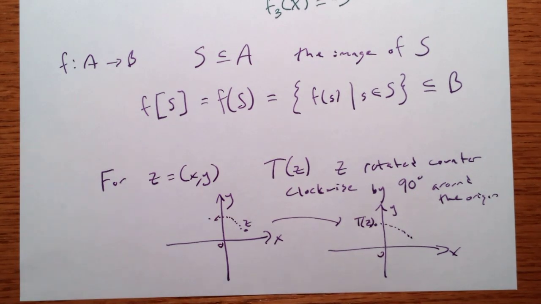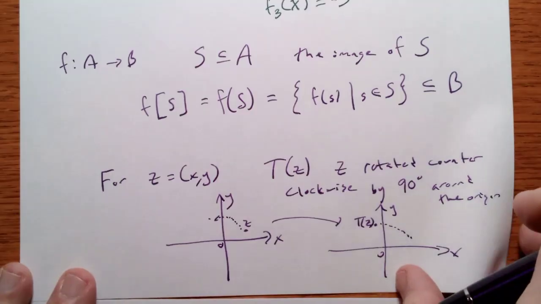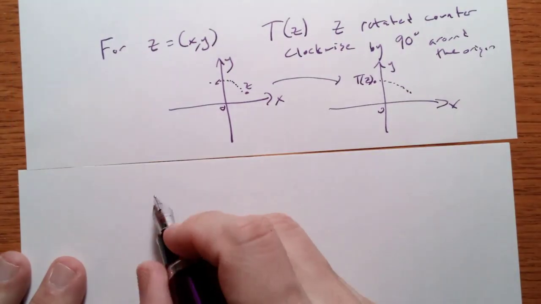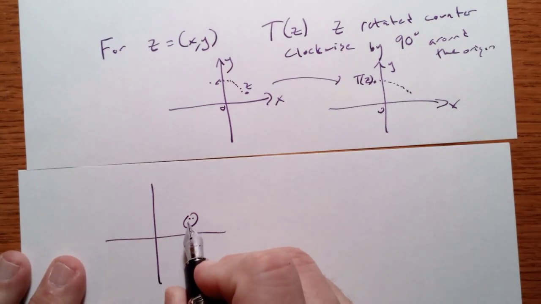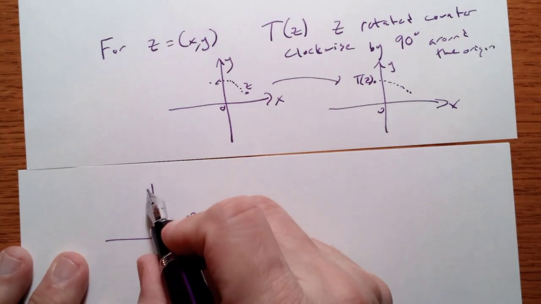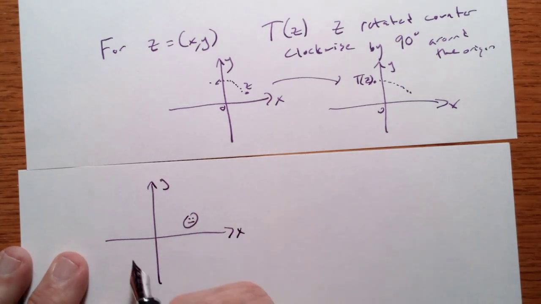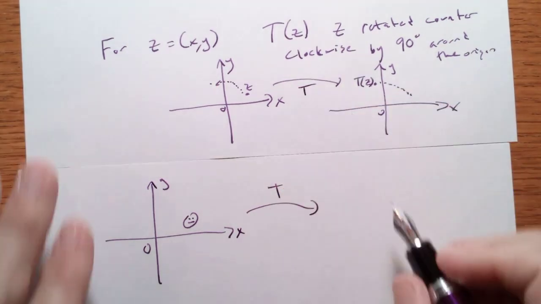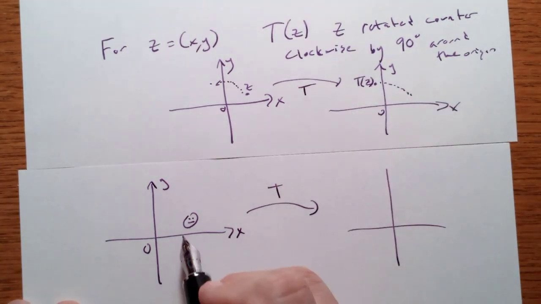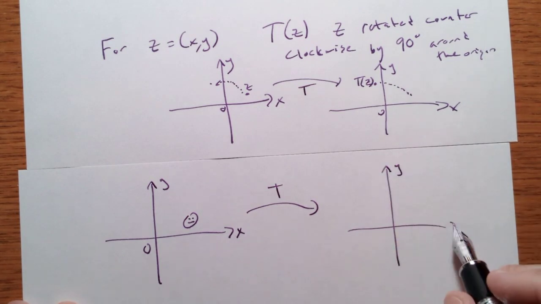What if I took a whole picture and I rotated the whole picture? Well, that would be T of S, right? So if I had a picture, I could take the same function T and apply it to every point in this picture.